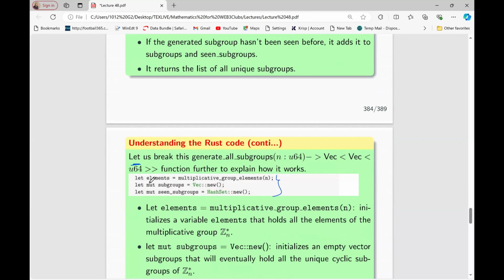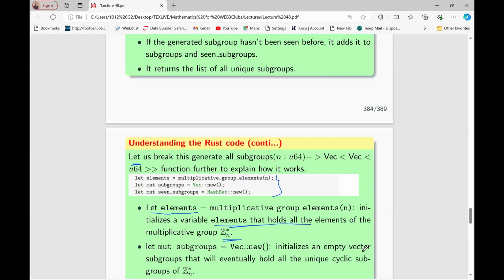And I've written there, let elements multiplicative. So this one, I've said it's calling on that to give it the elements for this group.